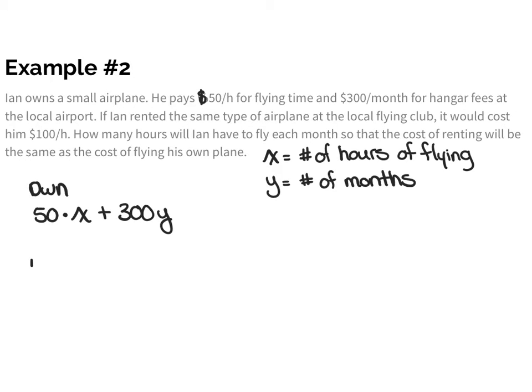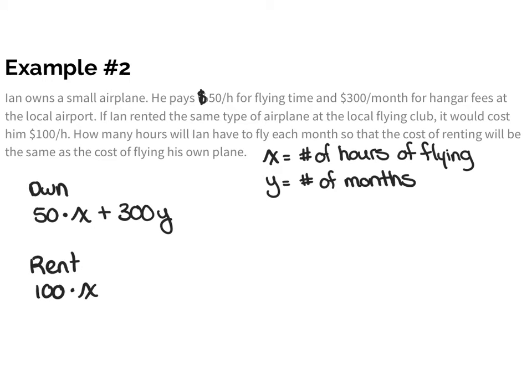And then we set up our rent equation, which said that he has to pay $100 per hour for each time he flies. So that would be 100 times x. I then asked you guys to figure out when the cost of renting would be the same as owning the plane.